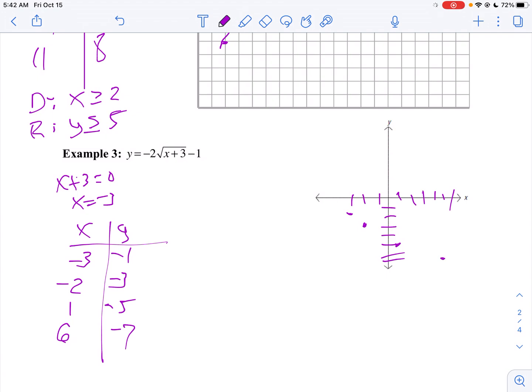And then I'll graph my square root function looking like that. So my domain, it starts at negative 3, so x is greater than or equal to negative 3. Because of that negative 2 in front, notice we flipped it over the x-axis. So my range starts at negative 1, so I'm going to say y is less than or equal to negative 1.